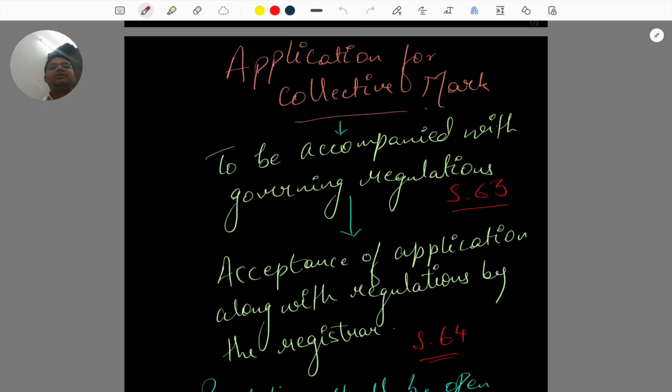What Section 63 states is that whenever you apply for the registration of a collective mark, it should be accompanied with the governing regulations. These governing regulations are the regulations of the organization which the mark represents. Each organization, when it is set up, has certain governing regulations. These regulations have to be presented before the Registrar of Trademarks whenever you apply for the registration.